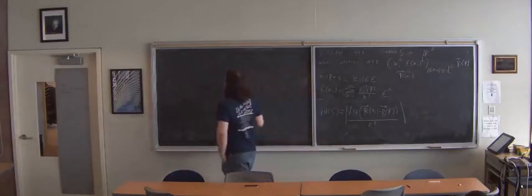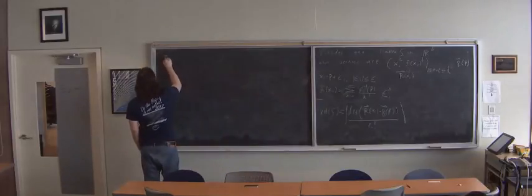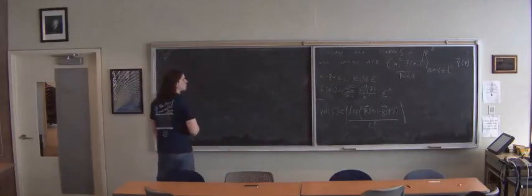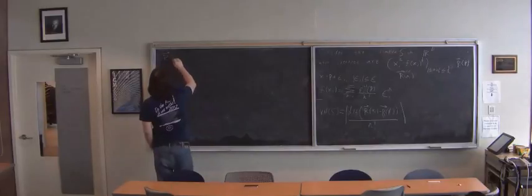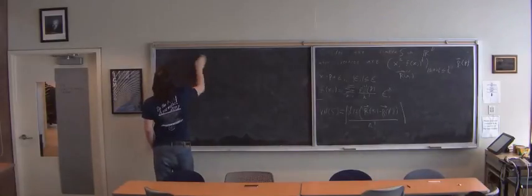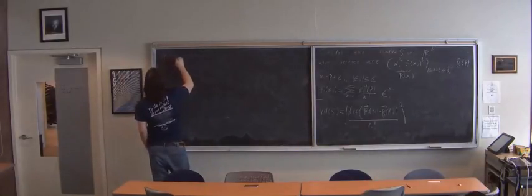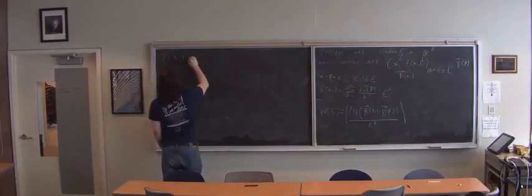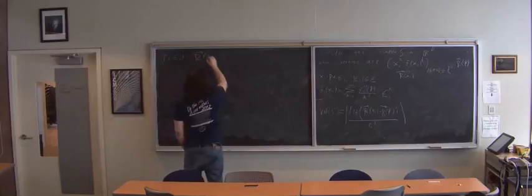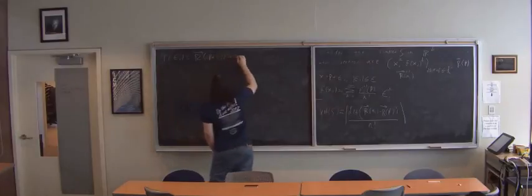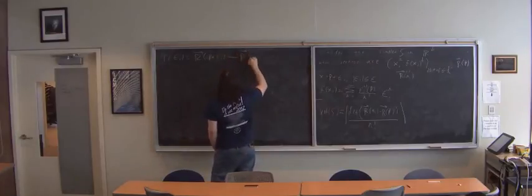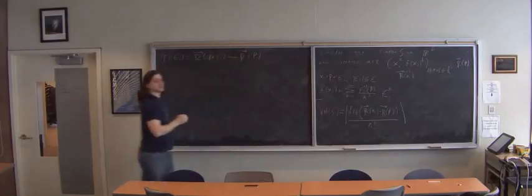Okay, but now let's write R tilde, T of epsilon I, as R of xi, which is just p plus epsilon I, minus R of p.